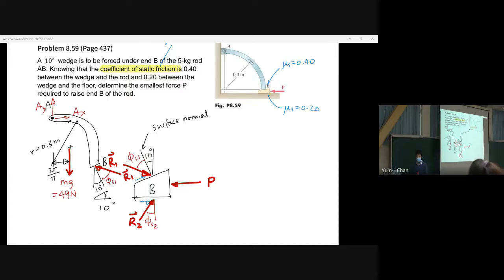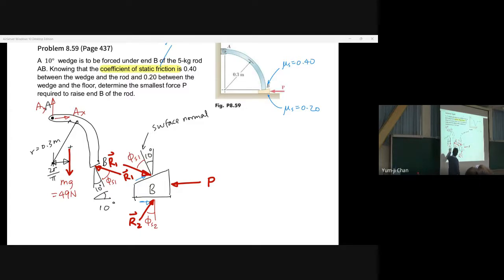Okay. From here we can do the calculations straight away. We can start doing the calculations, but you can do some simplification before going forward.